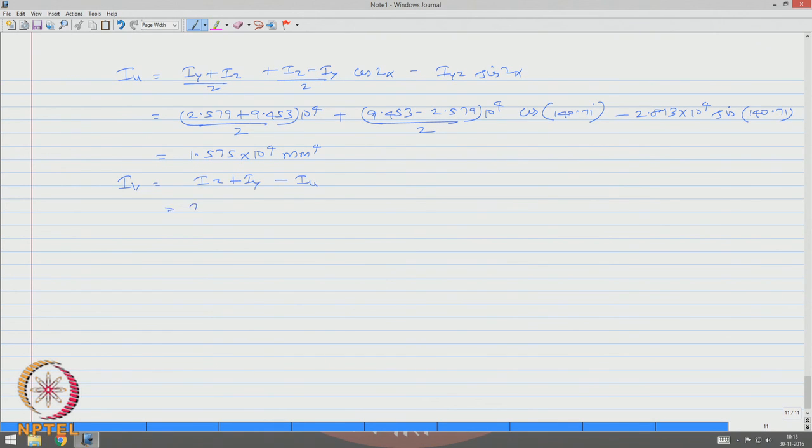So, it is 9.453 plus 2.579 minus 1.575 of 10 power 4, which gives me 10.457 10 power 4 mm4.